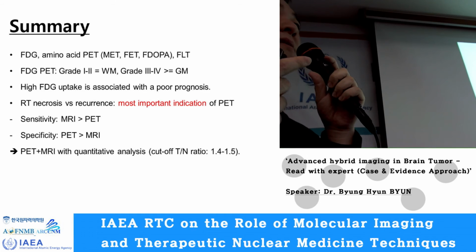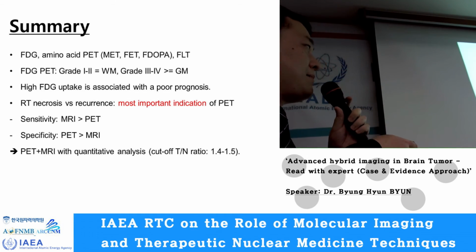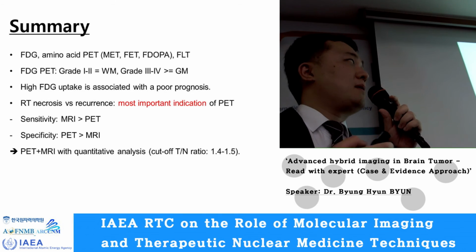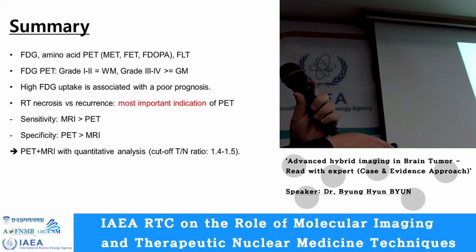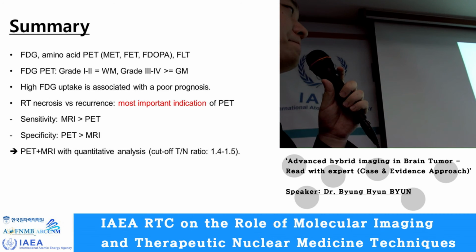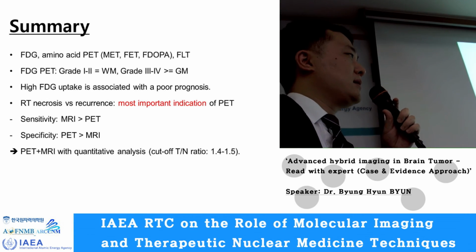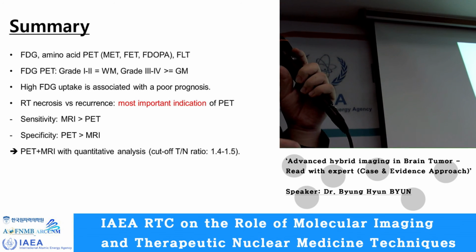It represents the metabolic activity of brain tumor. And amino acid PET shows the amino acid transport activity, for example, C11 methionine PET, F18 FET PET, and F18 FDOPA. Finally, FLT PET shows the TK1 activity, thymidine kinase 1 activity.